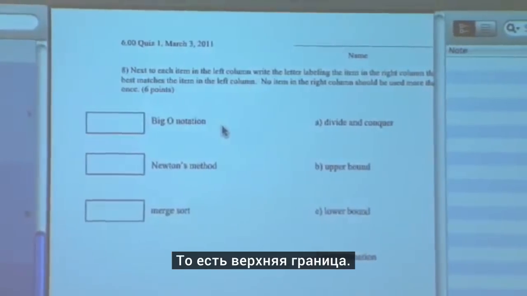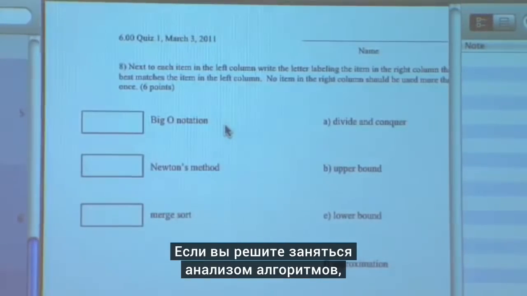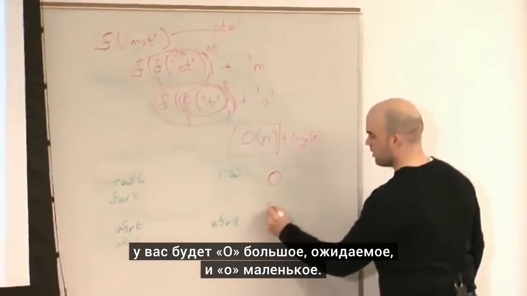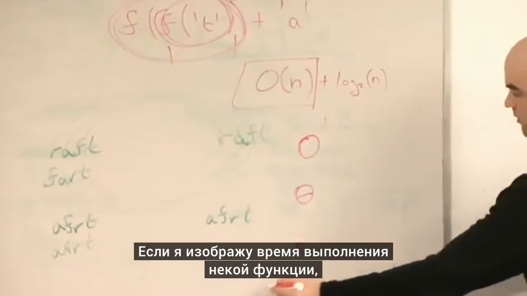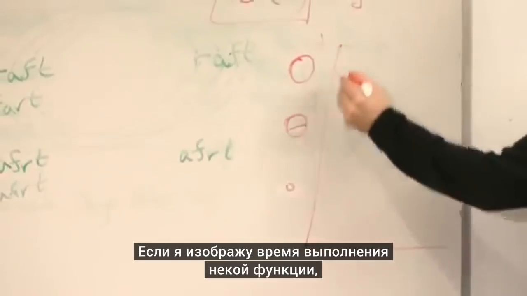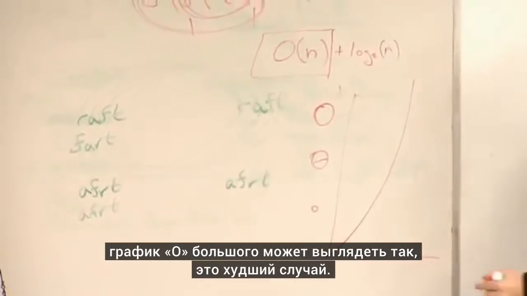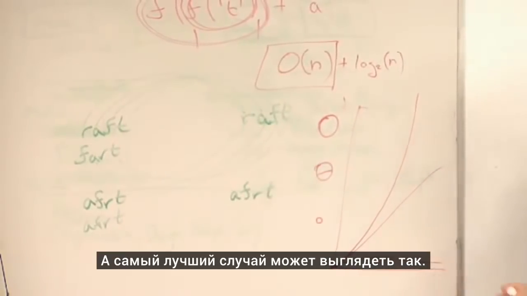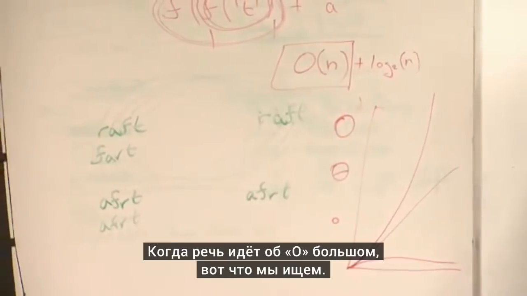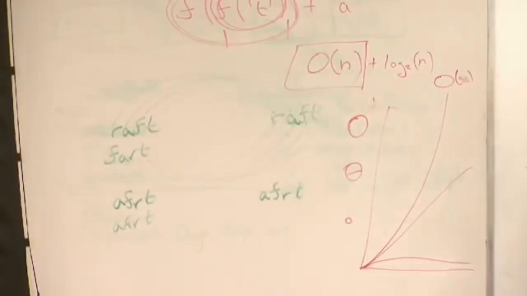So that's the upper bound. There is an expected bound, so if you decide to do any more algorithm analysis, you have big O, expected, and little o. So if I plot the runtime of a given function, my big O might be this, the worst time, my expected might be like that, and my absolute best case might be like that. So when we say big O, that's what we're looking for.